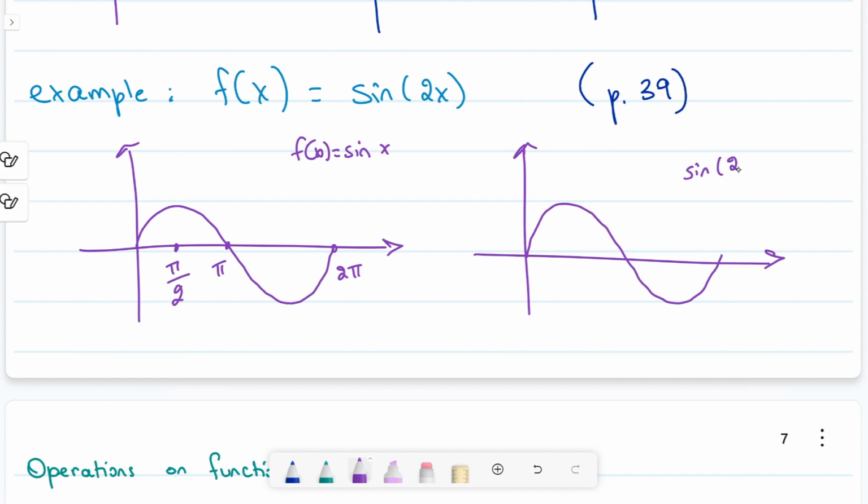In such questions, if you're ever confused, it never hurts to plug in numbers on your calculator. So let's plug in pi over 2: sine of 2 pi over 2 is sine of pi, which is 0, which might be an indication that this point here is pi over 2, and this point here is pi, and this is our graph.